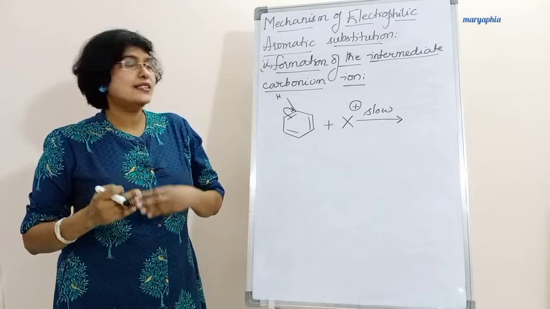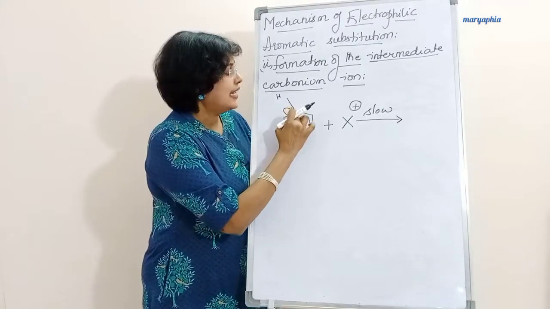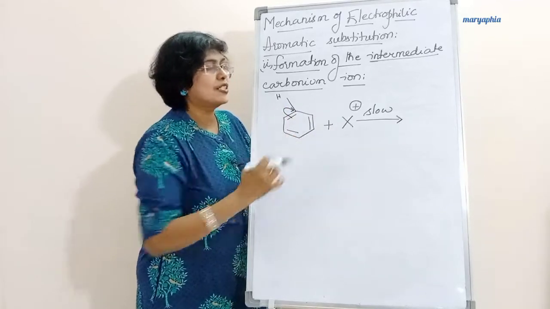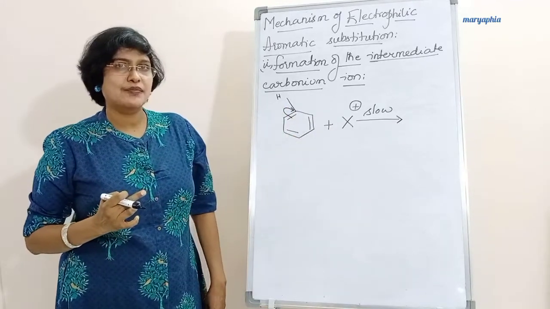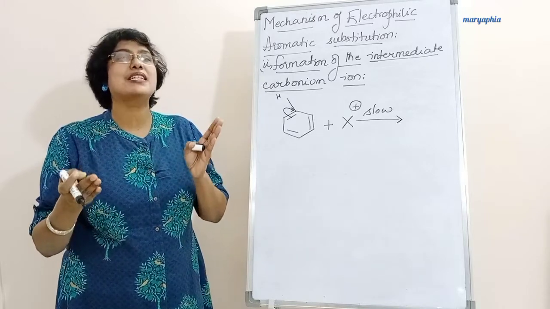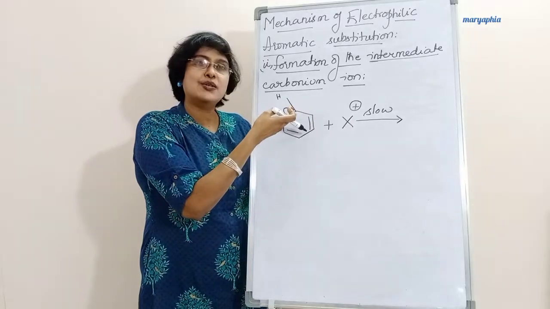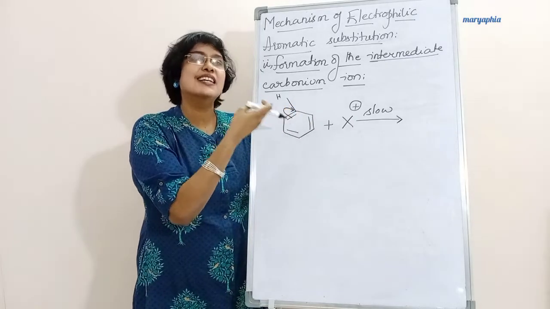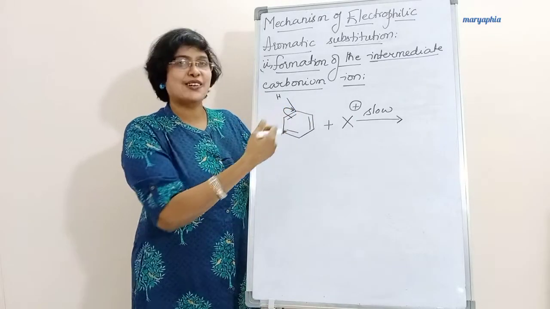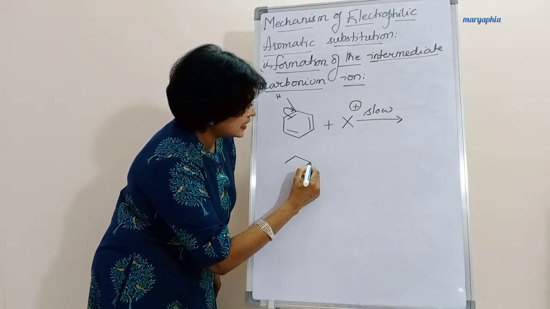Once this negative charge is created on this carbon, it attracts the positively charged X. That means there will be an attraction between C minus and X plus, so X plus will be attached to this carbon which has the negative charge. I will show it here. Benzene ring.